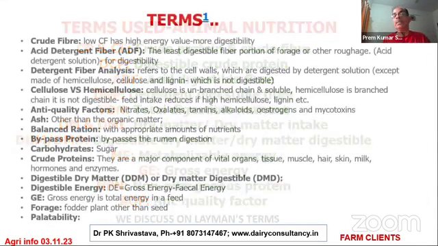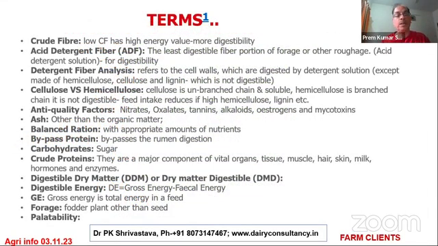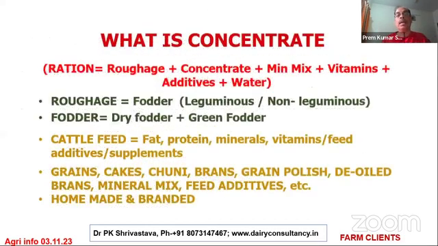So now these are the terminologies. I'll skip this because it is an elaboration of what I discussed, and straight away we'll jump to the concentrate. A ration contains roughage, concentrate, mineral mixture, vitamins, feed additives, and water. Roughage we have already discussed: dry fodder, green fodder, leguminous and non-leguminous.